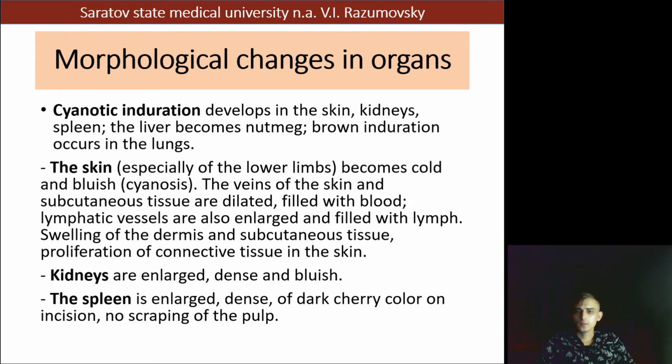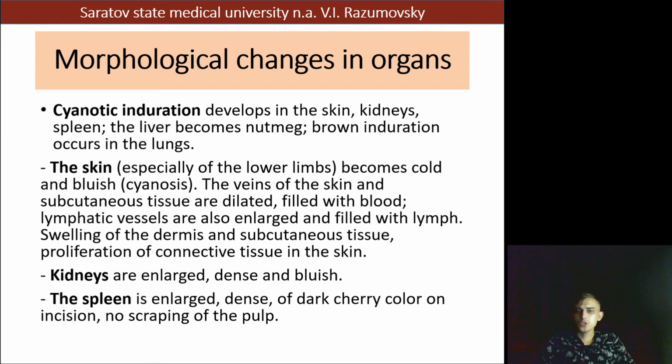In the skin, skin becomes cold. The veins of skin and subcutaneous tissue are dilated, filled with blood. Lymphatic vessels are also enlarged and filled with lymph. Swelling of the dermis and subcutaneous tissue, proliferation of connective tissue in the skin.